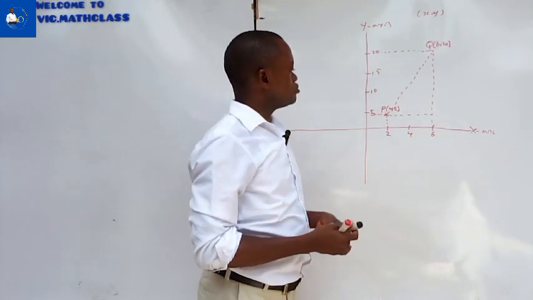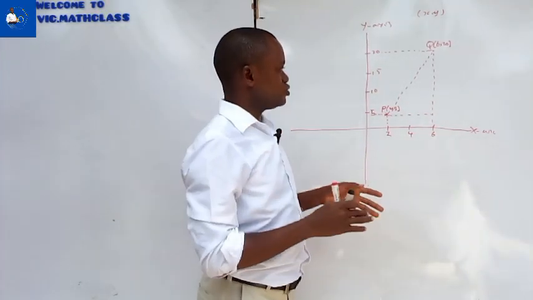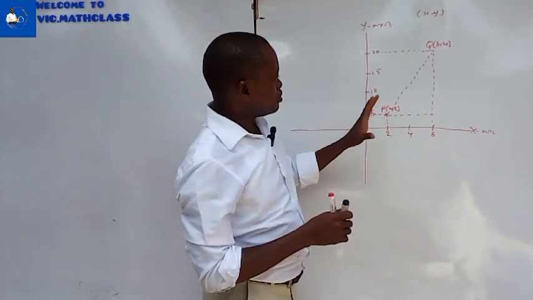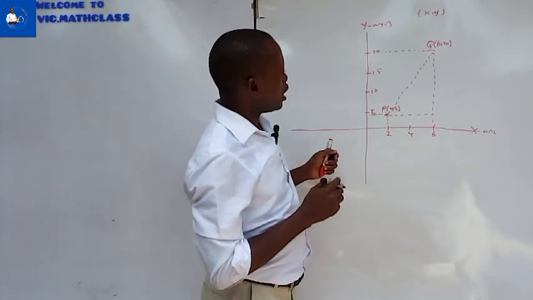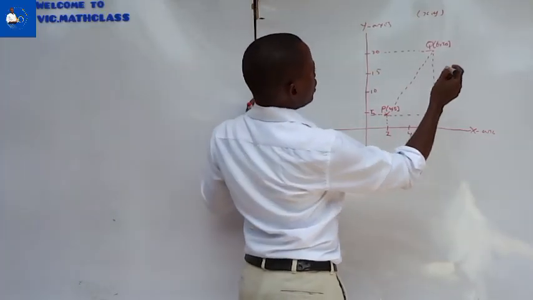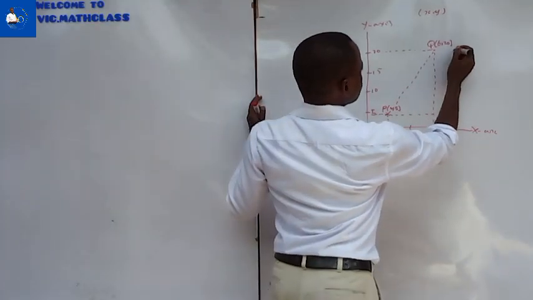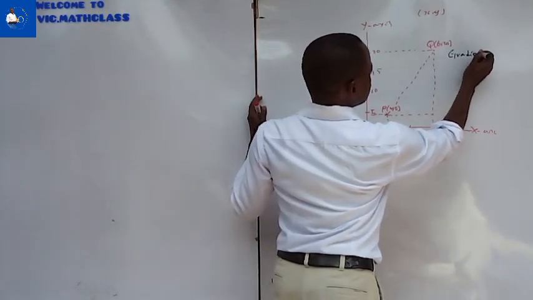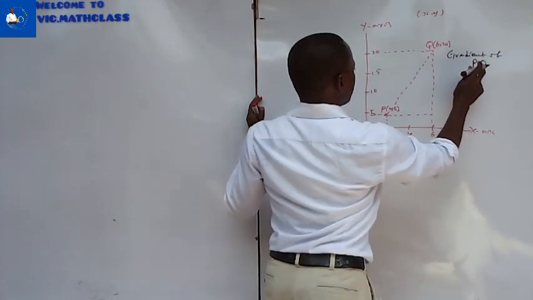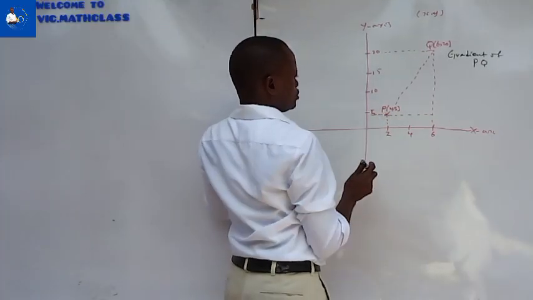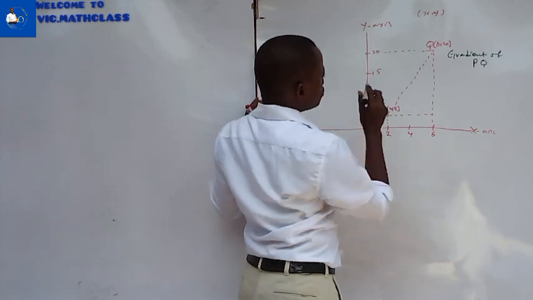So now there are some things we might need to begin to study, verify, and check around what we have seen right now. Those things are, we might be required to find the gradient of the line PQ. Sometimes they say the slope. And what again?